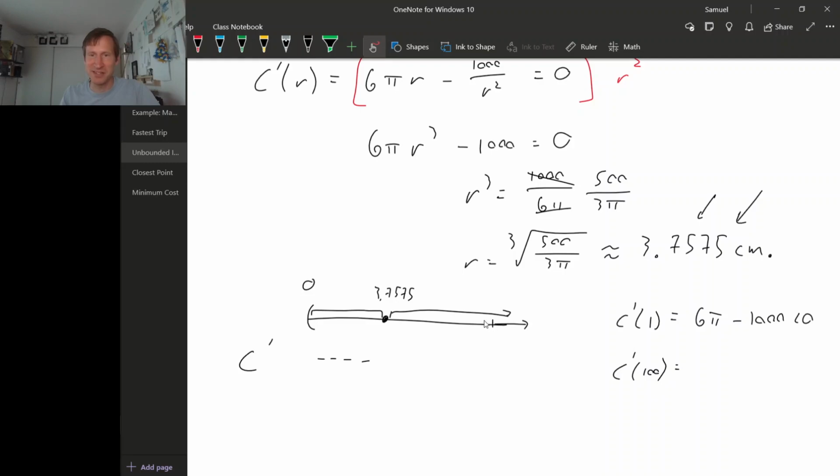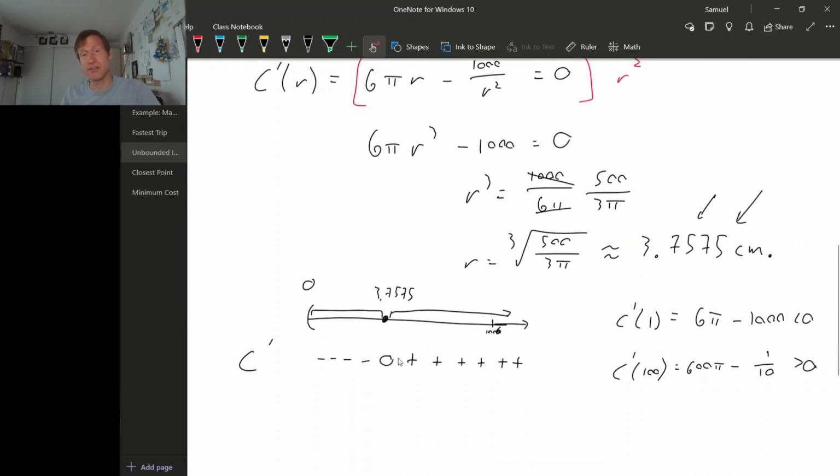That's going to be out here somewhere. So that's going to be 600 pi minus 1,000 over 100 squared, which is 10,000. So that's going to be 1 over 10. That's definitely positive. So over here, the derivative is positive. And at our critical point, the derivative is 0.